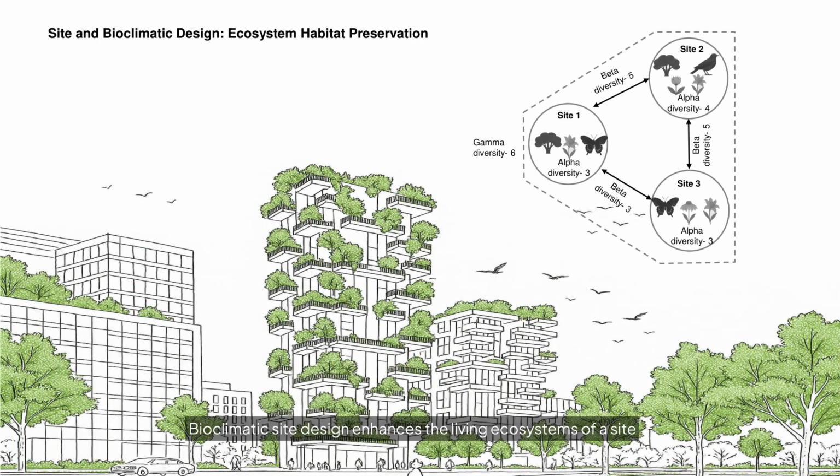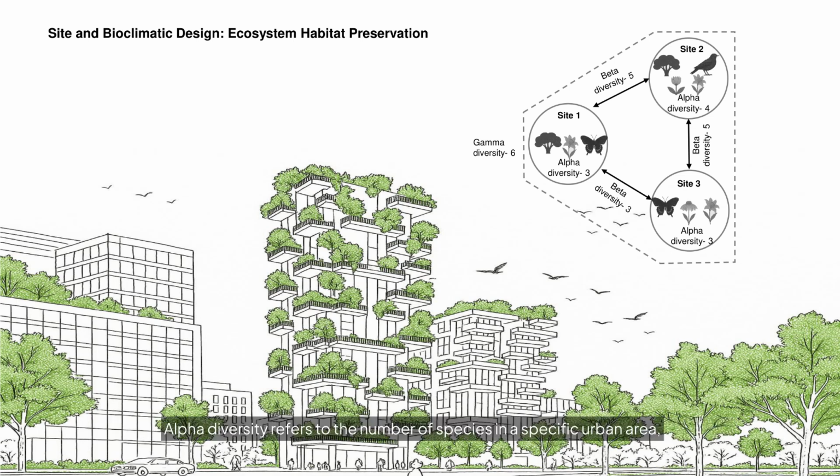Bioclimatic site design enhances the living ecosystems of a site through habitat preservation and biodiversity. Biodiversity on site contributes to ecological resilience and climate adaptability. We covered biodiversity measures in the Sustainable Facade video. Ecologists measure biodiversity at multiple scales using alpha, beta, and gamma diversity.